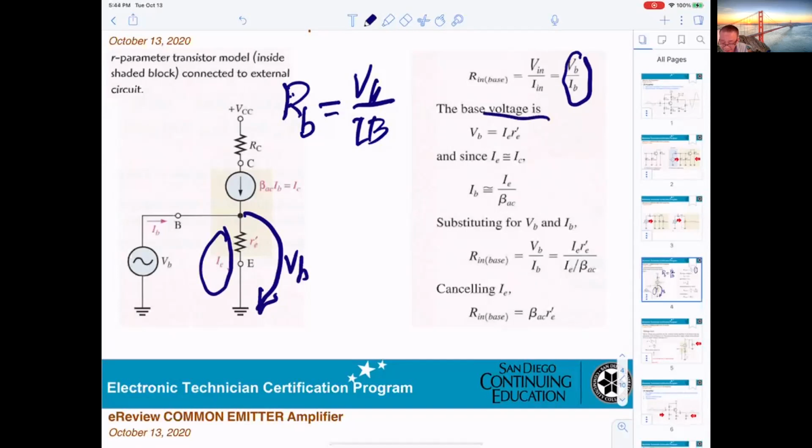So that's why you can see VB equals IE times R prime E. Now what does IB equal? IB equals IE divided by 1 plus beta.